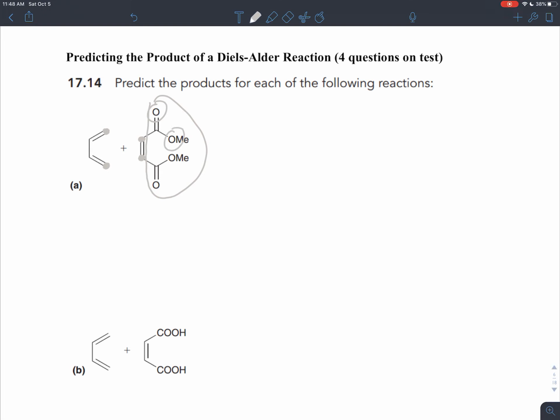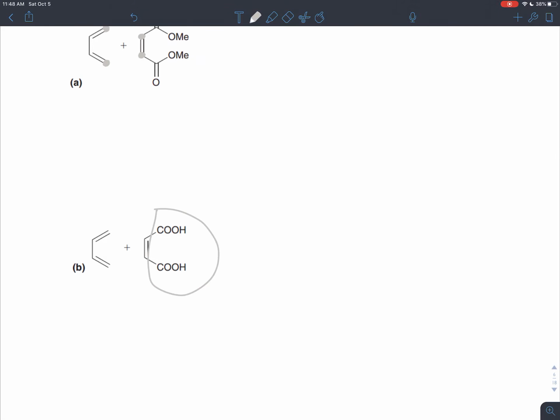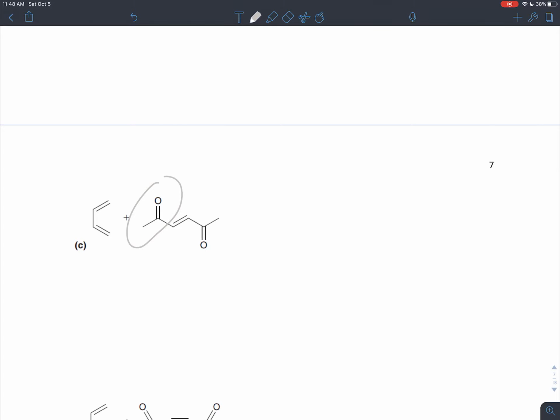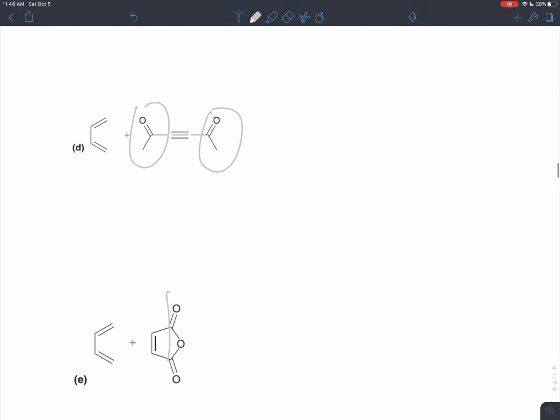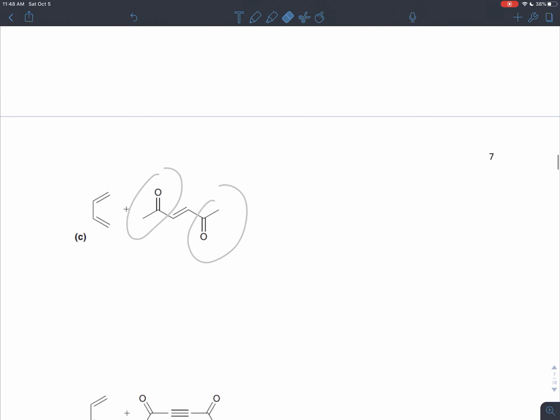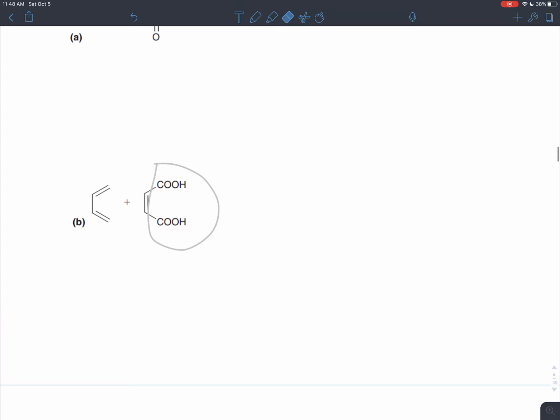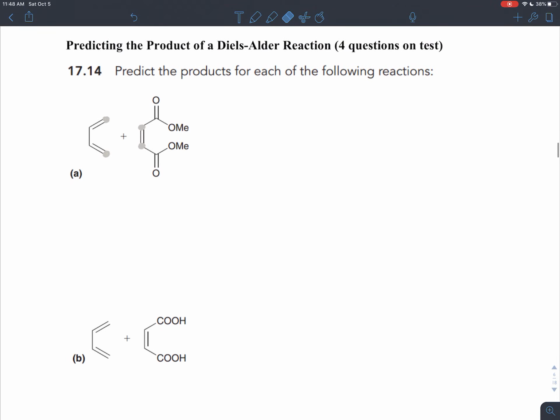So you'll notice all the electronegative elements, and it's also withdrawing electrons through resonance. Those are stealing electron density away to make the dienophile really ready to accept some electron density from the highest occupied molecular orbital of the diene.